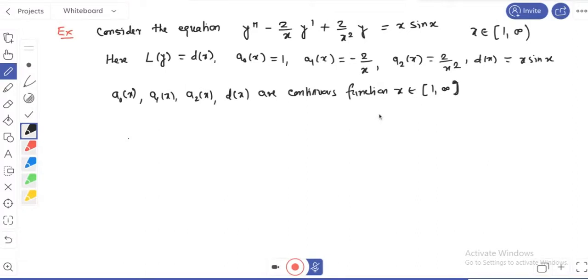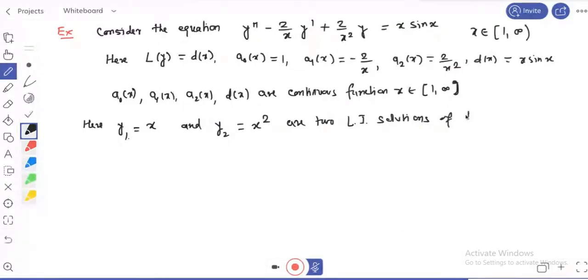In this problem, you know that y1 is x and y2 is x square. These are the two solutions, and they are linearly independent solutions of the homogeneous equation. Homogeneous equation means we take Ly equals 0 on this given interval.